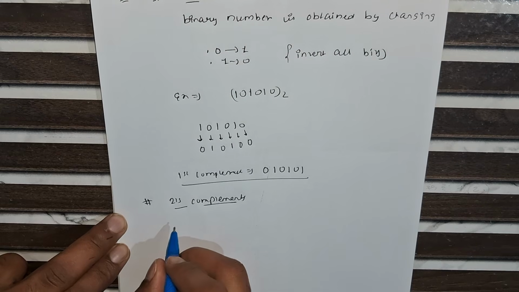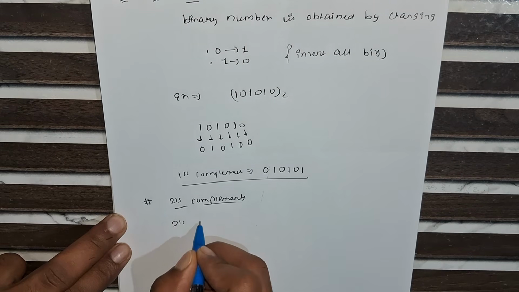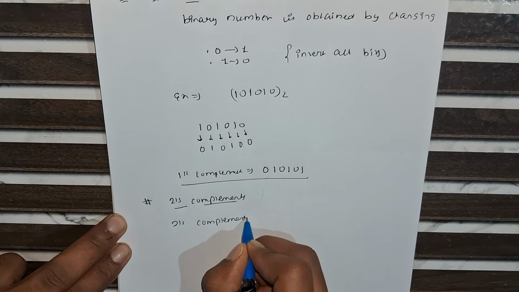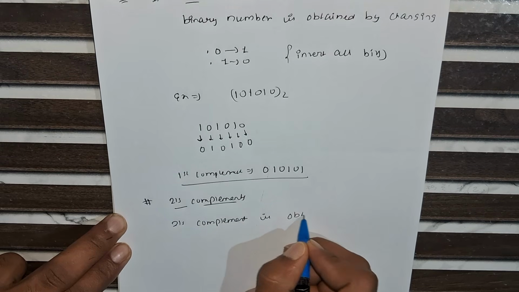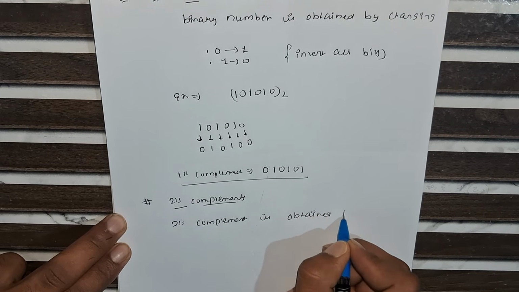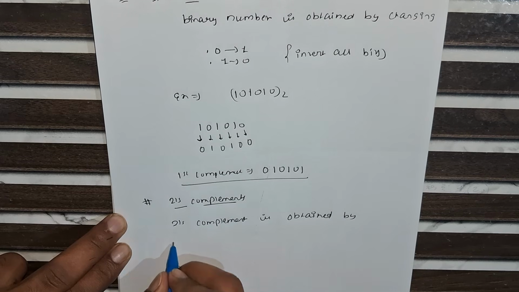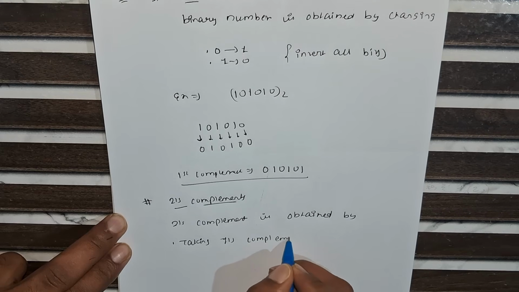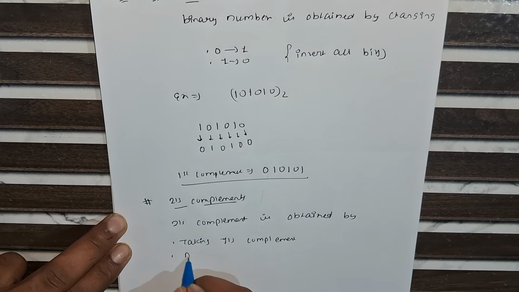It means 2's complement is obtained by first taking 1's complement and after that adding 1 to the result.